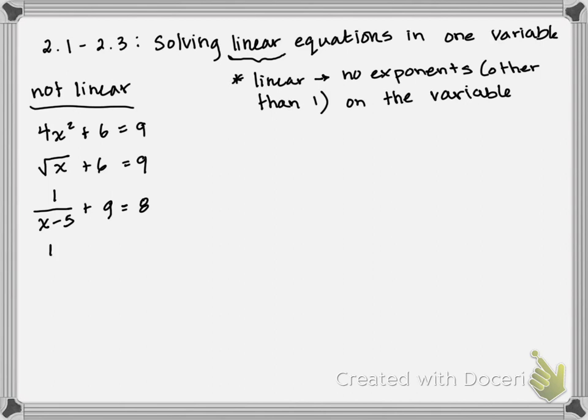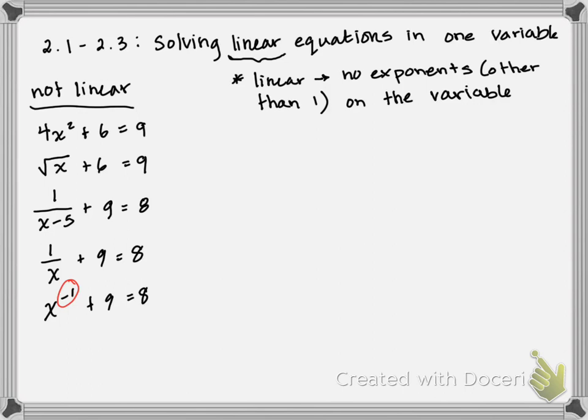So if I have 1 over x plus 9 equals 8, that's the same as x to the negative 1 plus 9 equals 8. And then all of a sudden we can see that we have an exponent other than 1. So it seems pretty simple to just look for exponents, but they're kind of hidden in some places because there are different ways of writing expressions that are exponential.